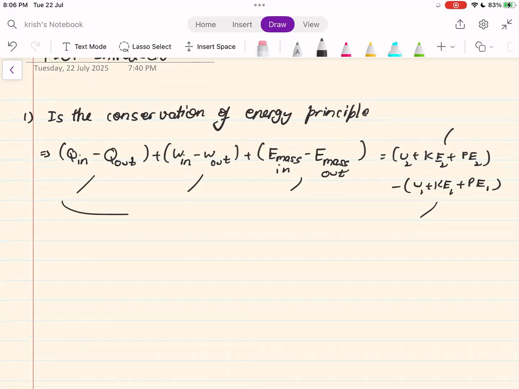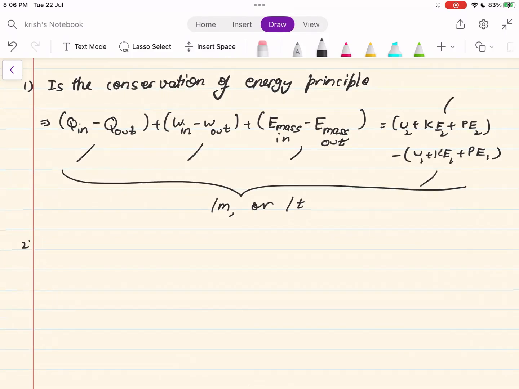Now we can write this statement on a per mass or a per unit time basis, right? Divide everything by mass and you get all the small letters, small q, small w, small u, or on a per time basis where you will get all of the dots, right? So if we have no mass transfer, which is what we are going to be dealing with for a lot of this course, but later on we're going to get mass transfer as well, and that is when things get tricky, right?